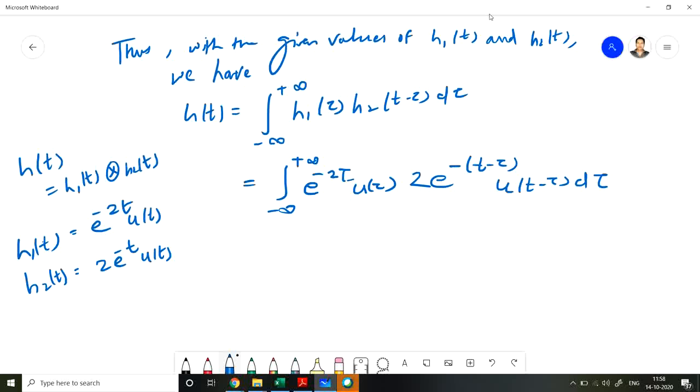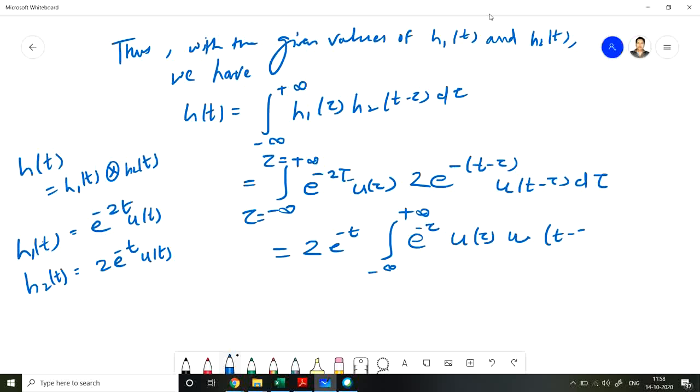Now this is our tau scale. So here we have tau equal to minus infinity to tau equal to plus infinity. So we can put the t terms outside this integration. So basically we have 2 e raised to the power minus t outside this integration, from minus infinity to plus infinity. The remaining terms are e raised to the power minus tau u(tau) u(t minus tau) d tau.